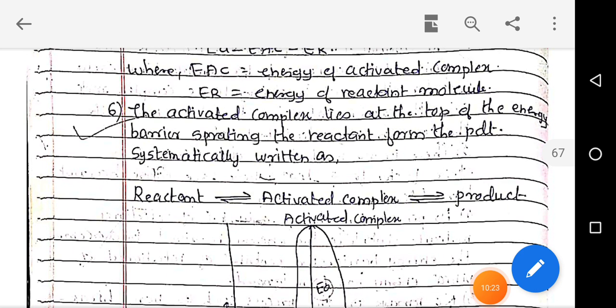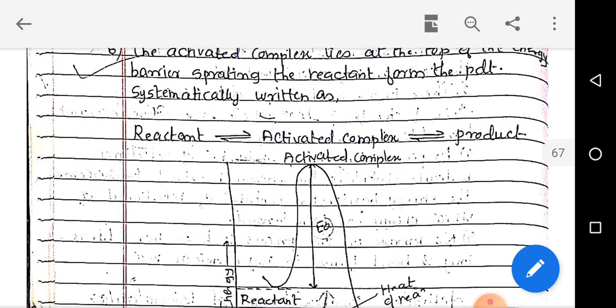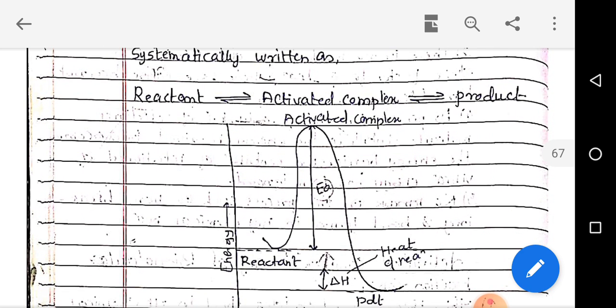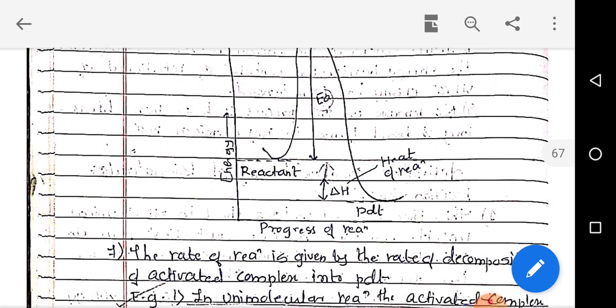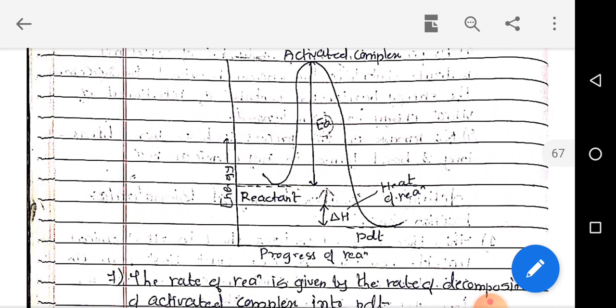The activated complex lies at the top of the energy barrier separating the reactant from the product, systematically written as the reactant being convertible into the activated complex, which is converted into the products. The graph has energy on one side and the progress of the reaction on the other.